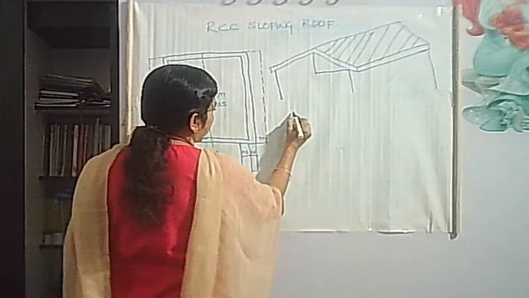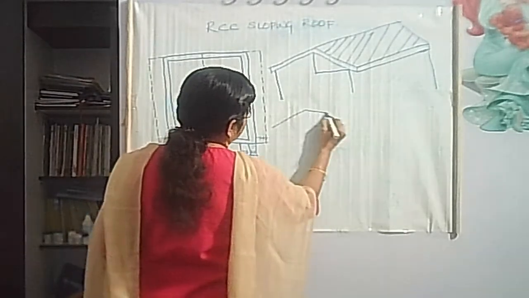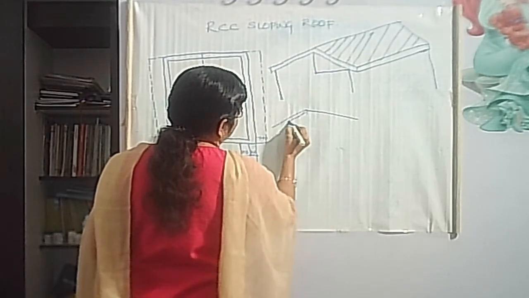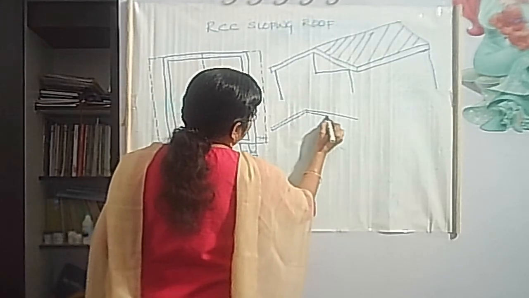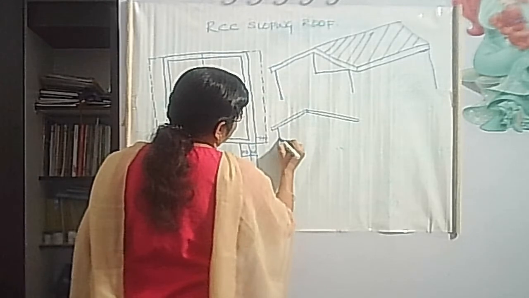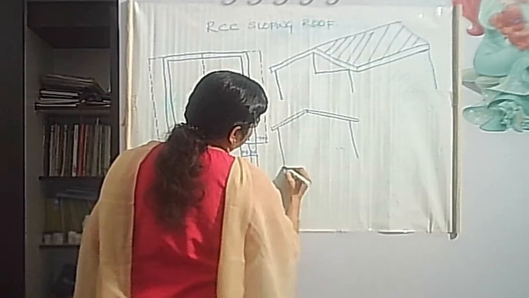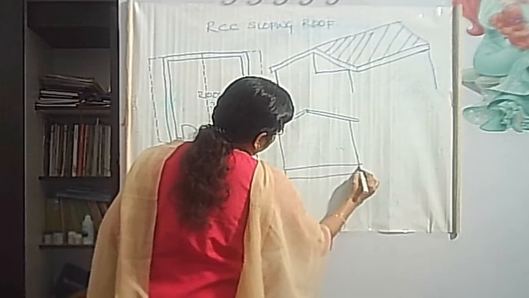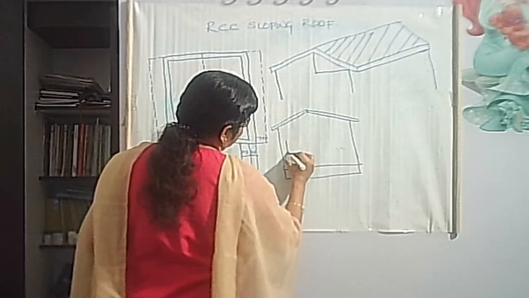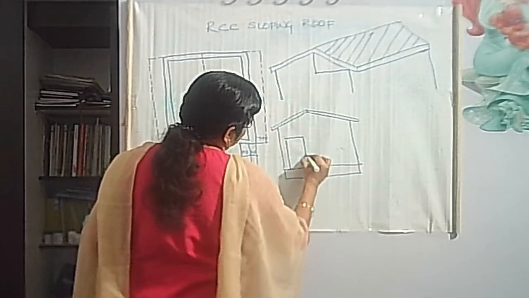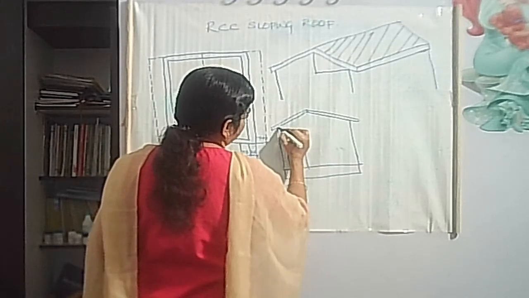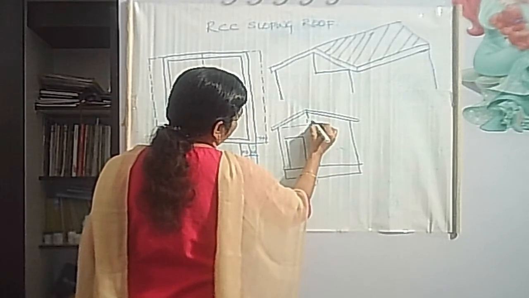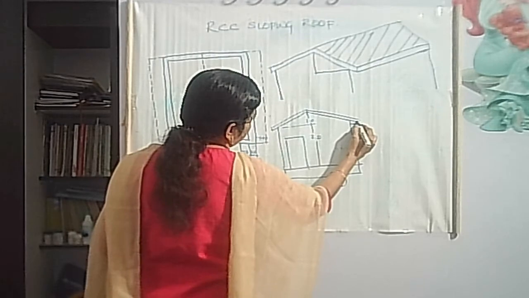If I just draw the elevation, up till here the height is 2 meters and from here to here it is 1 meter, and we have taken the eaves projection as 0.6 meter.